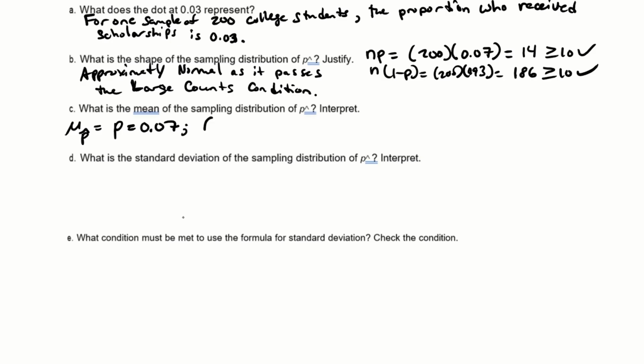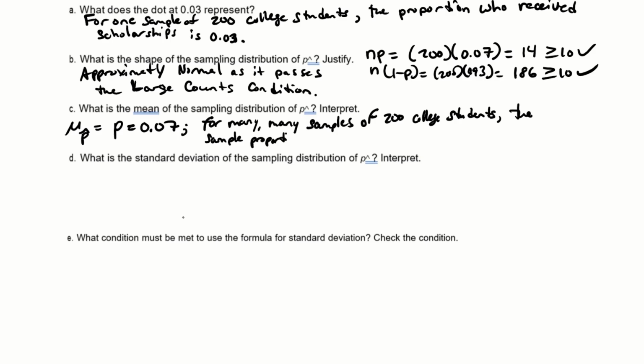Okay, so we're going to interpret that. If we repeat this process for many samples, in this case with a sample size of 200, so for many, many samples of 200 college students, the sample proportion, or the average proportion, because we're talking about mu.